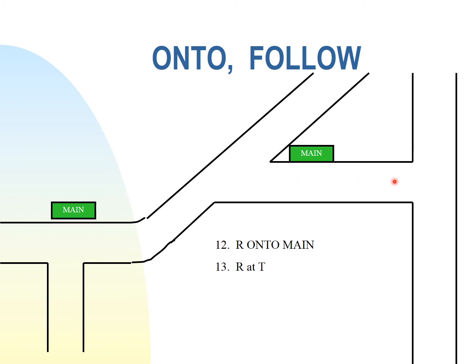Then as we get to this intersection, which does have the shape of a T, we can execute the right at T here and continue on this way. Because we've executed an instruction following the creation of the onto that has a direction in it, the right at T, the onto condition no longer exists once we execute instruction 13.